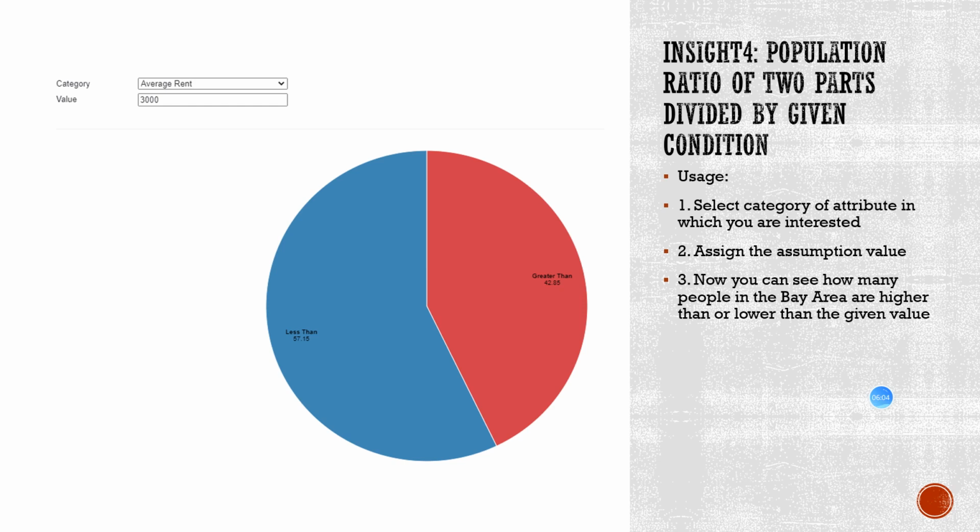And here is my insight four, population ratio of two parts divided by a given condition. This pie chart is made to help the user figure out whether their expectation lies in a reasonable range.